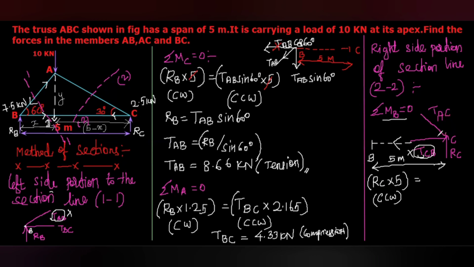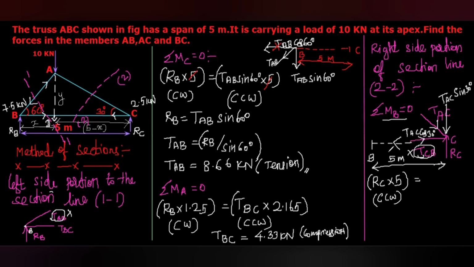So this TAC should be inward to the C. Then the vertical component, TAC sine 30, will act downward, TAC cos 30 will act towards the right side.